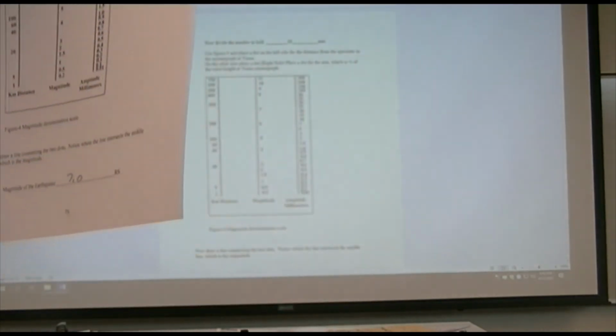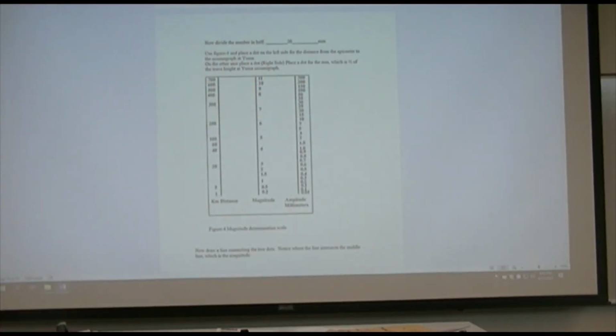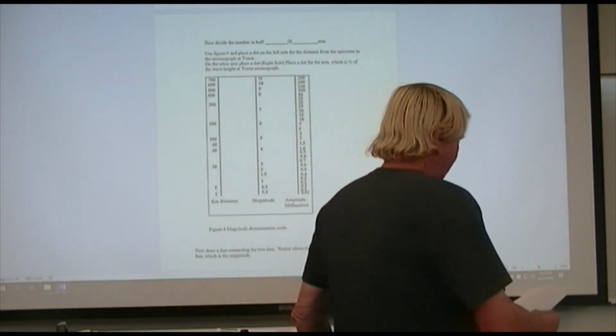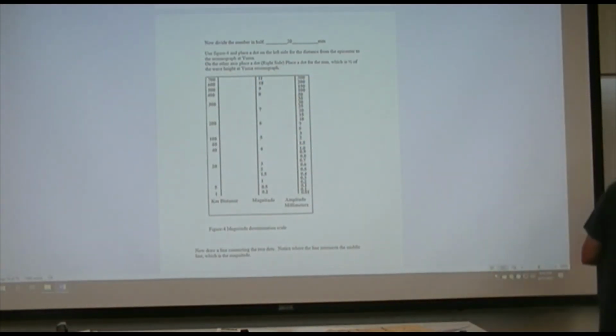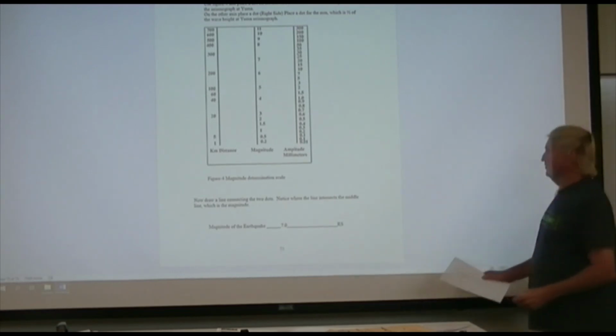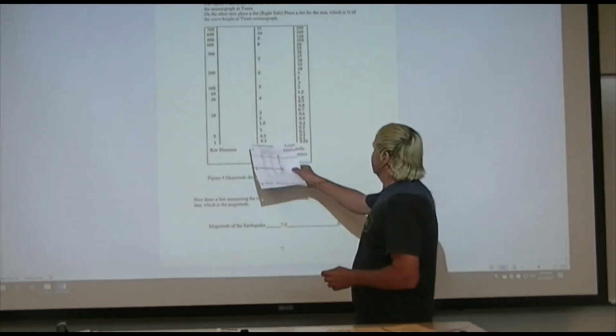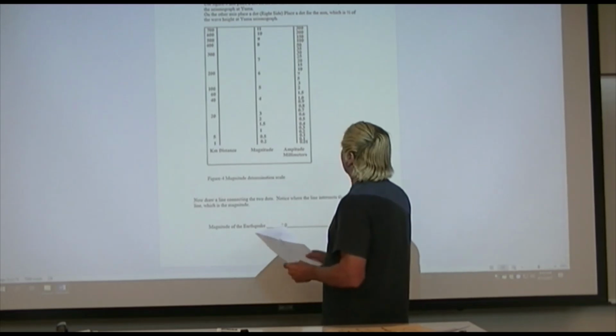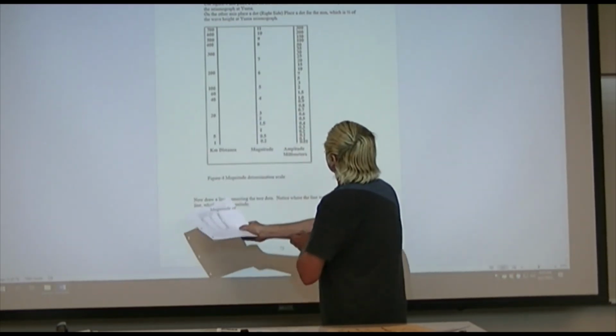And this is how we determine the magnitude of the earthquake, which we recorded as a 7.0, which I have down here at the bottom. So the magnitude of this earthquake was a 7.0 on the Richter scale, and this is how this is calibrated out. And this is actually pretty accurate.